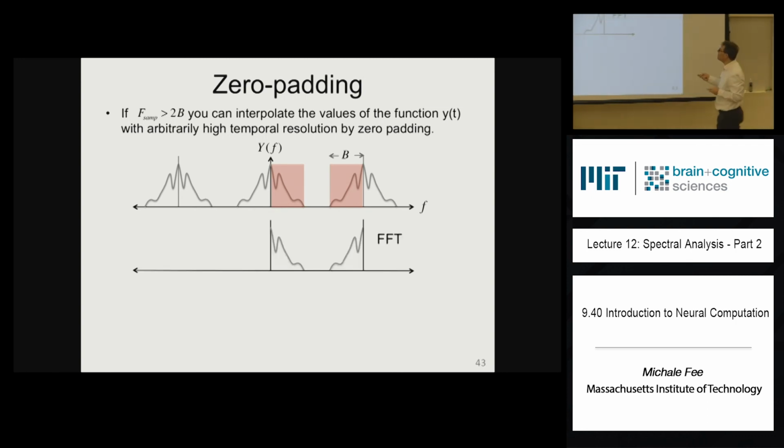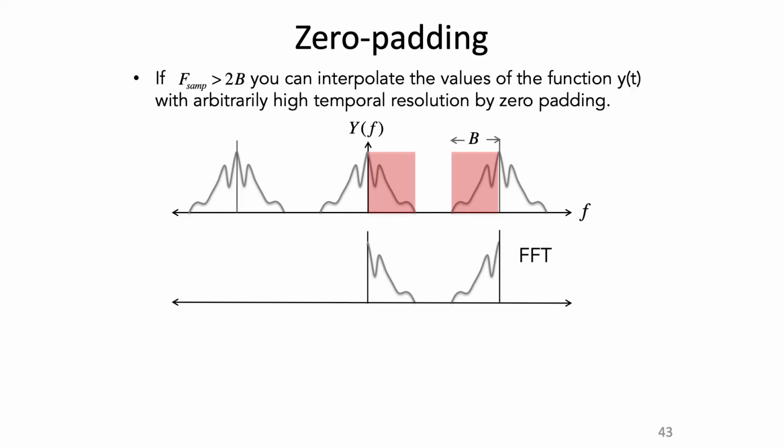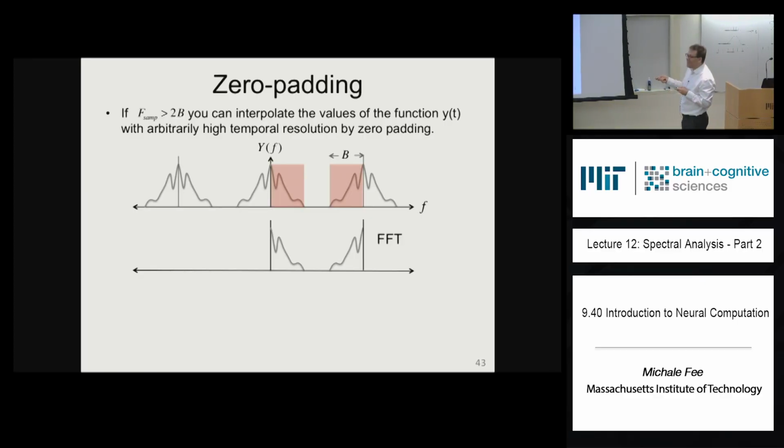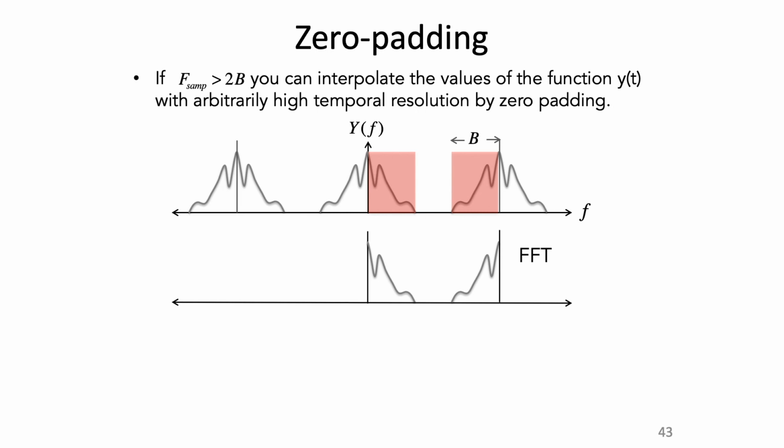Okay, and basically the trick is as follows. We take our sampled signal, we Fourier transform it, and what we do is we just add zeros. We pad the Fourier transform with zeros, okay? So we just take positive frequencies and the negative frequencies, and we just stick a bunch of zeros between and make a longer vector.